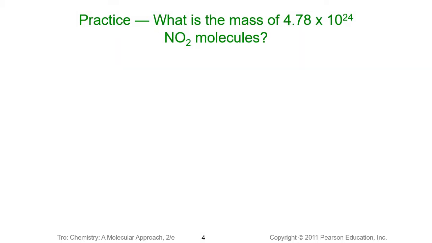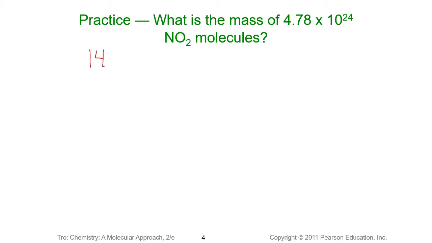Here's a practice for you. What is the mass of 4.78 times 10 to the 24th NO2 molecules? Because we're trying to find mass, we're going to need the molar mass of NO2.